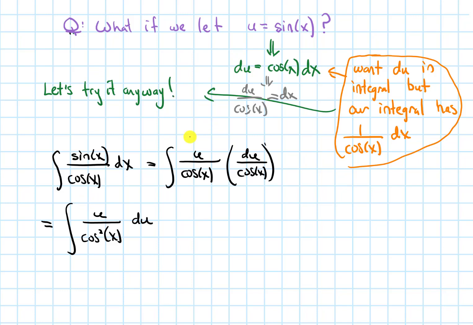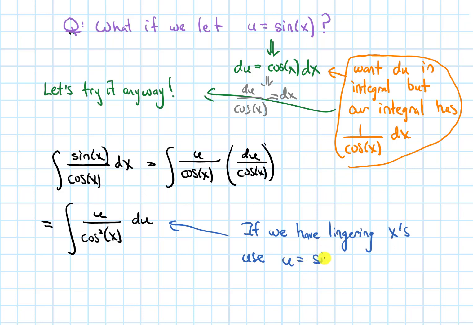Okay, so we've done this u-substitution, but it didn't completely get rid of all of the x's. So one thing that we could try is if we have lingering x's, or whatever our old variable is, we could use our u-substitution again.